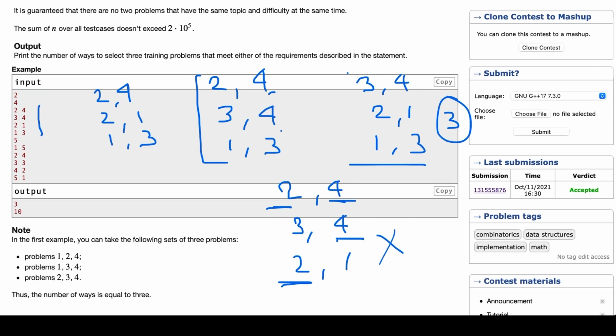Now let's go to the solution approach. What is the simplest way through which I can do this? For finding the valid ones, the simplest way is to first find the total number of triplets, that is, how many triplets can be formed from all the n problems.